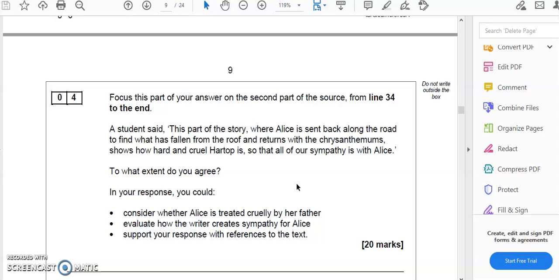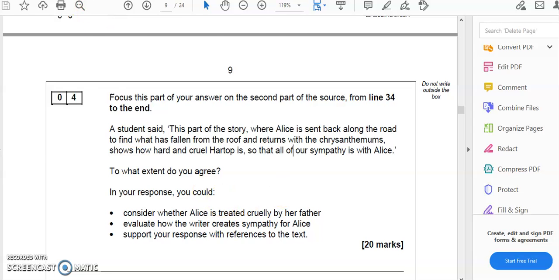Because what you've got to remember is whatever question you're doing, whether you're doing question 2, question 3, question 4, you are thinking about it in terms of the entire source. While you're not expected to draw much from anything before line 34, you can certainly refer to things that happen before that.